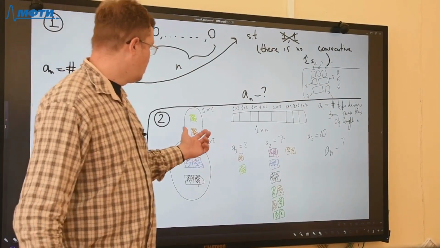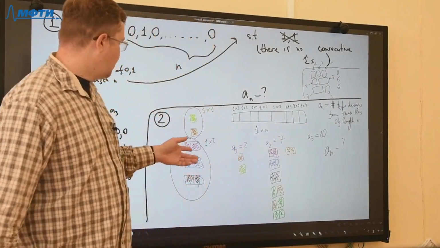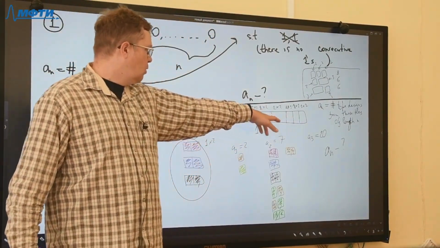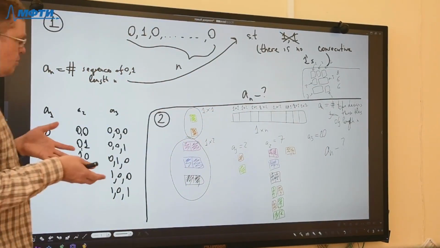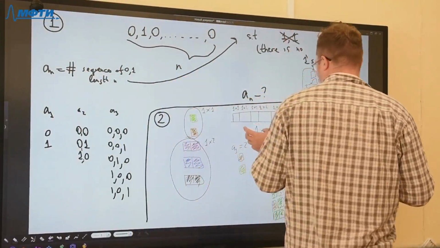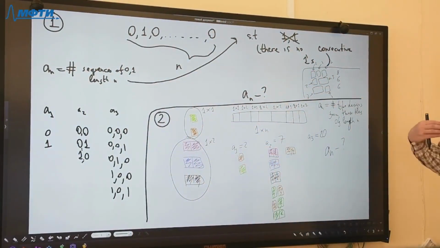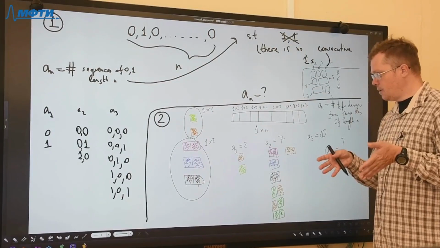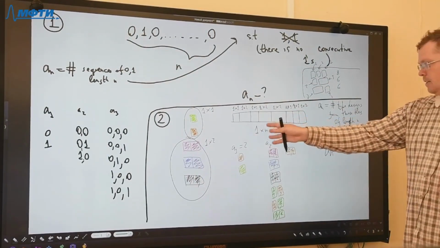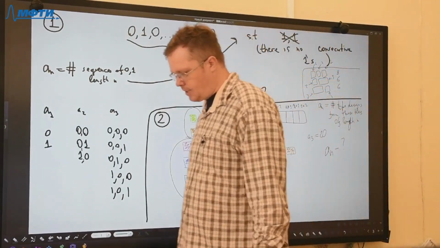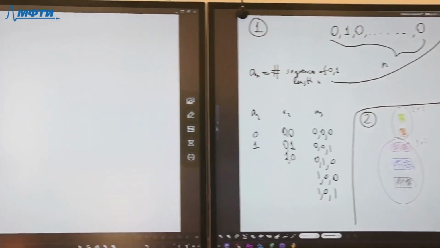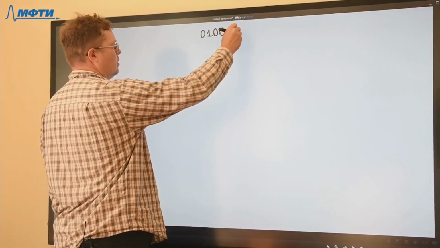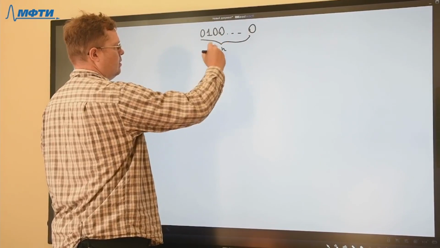And the same holds for this one, because if I take all tile designs for length n, if I know the numbers for all the previous tile designs, maybe I can find the tile designs for length n. For example, okay, you have this sequence of length n.